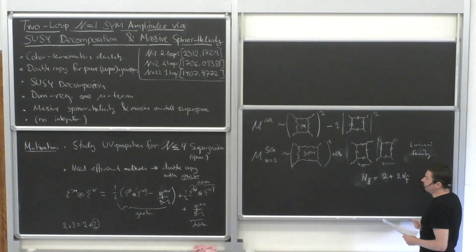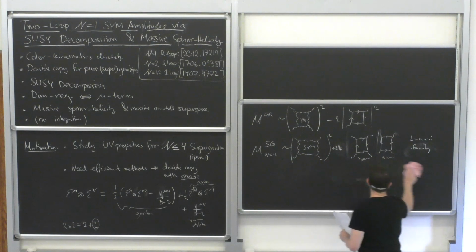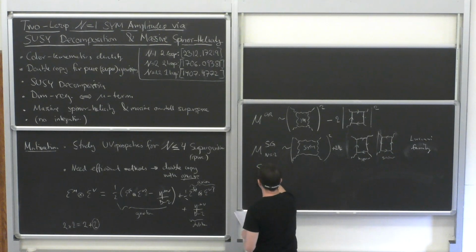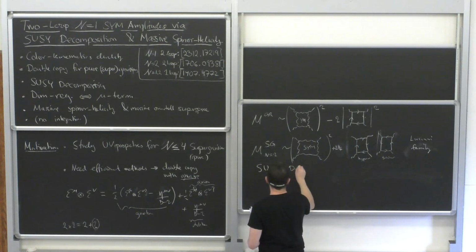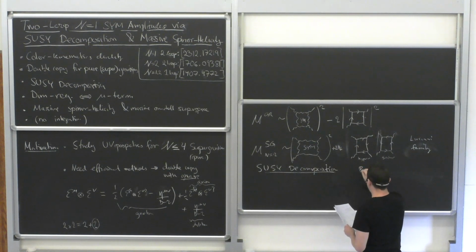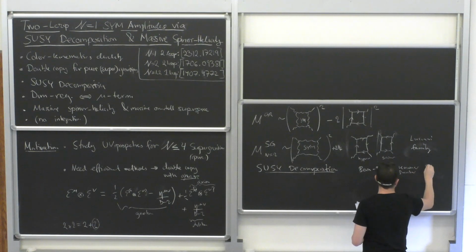Now there's another reason why we want to compute matter graphs, and that's SUSY decomposition. So this goes back to work by Bern, Dixon, Kosower, maybe Dunbar as well, '93, '94.